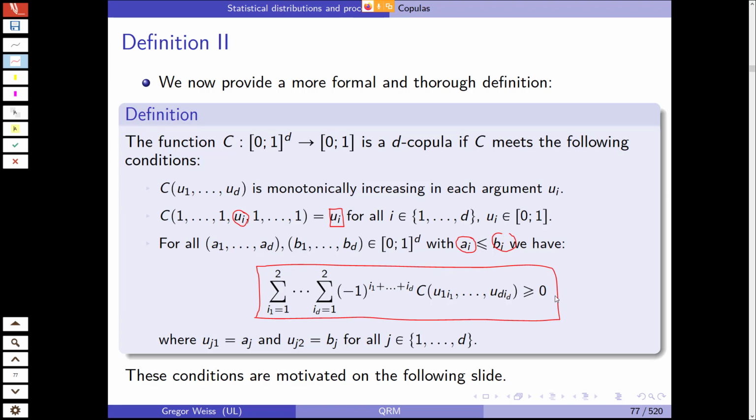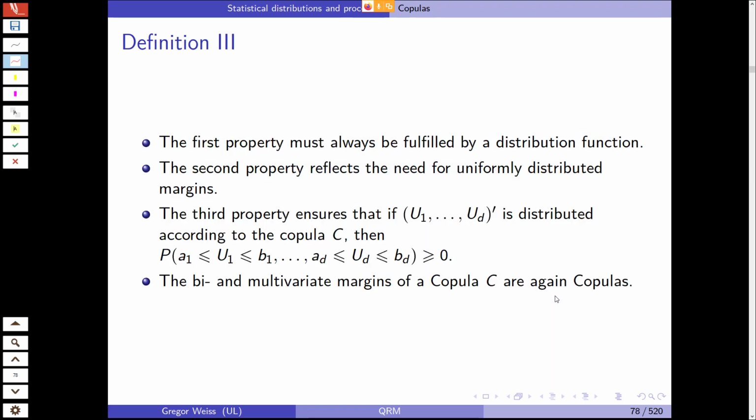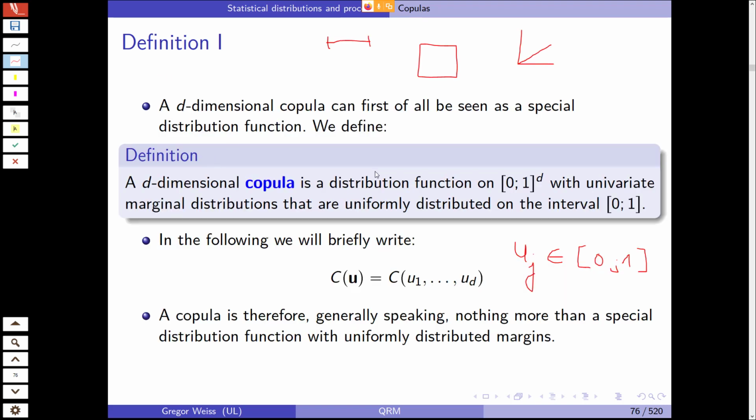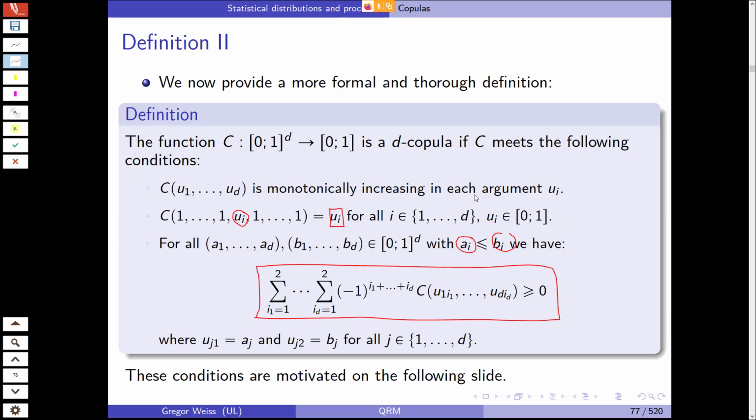And these conditions are motivated on the following side because it's difficult to interpret this. The first property must always be fulfilled by a distribution function because C is a distribution. And if it were not monotonically increasing in each argument, it would not be a cumulative distribution function.